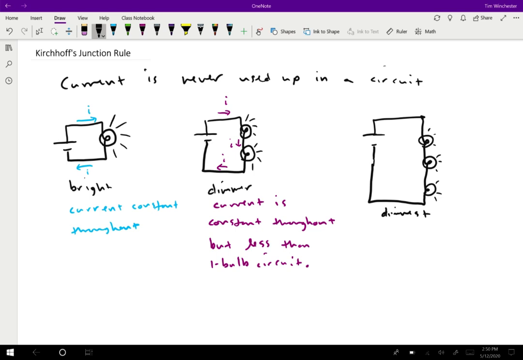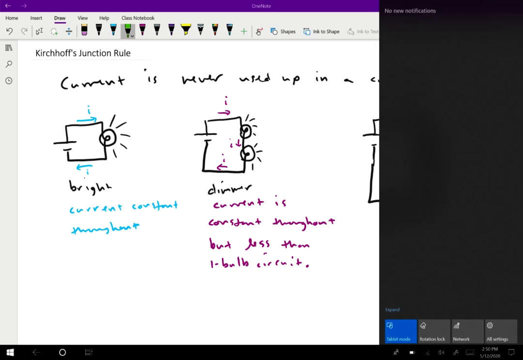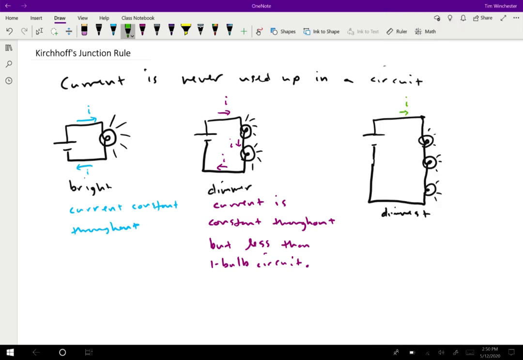And again, the current is the same throughout the circuit, but it is going to be smallest yet. So if I draw currents at all these locations, then there's no change from one spot to another. So again, the current is constant throughout, but smaller yet.